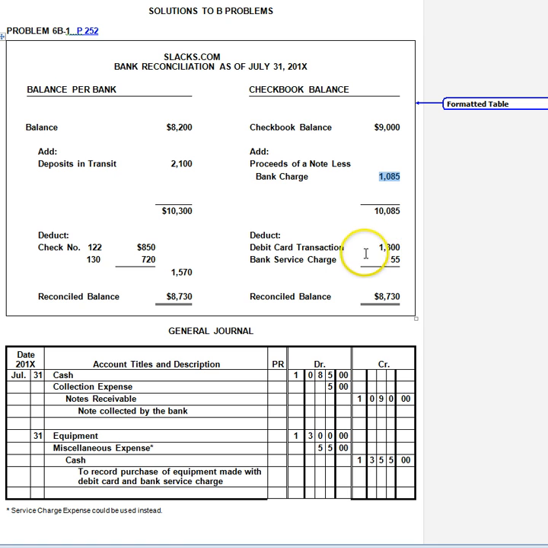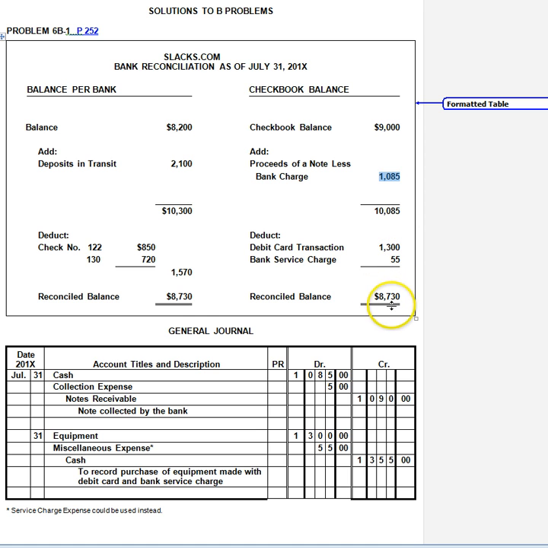So when you come down to doing your reconciliation, you got to play catch-up ball and get your books adjusted, because you in fact do have 1085 in cash, which you have to debit to the cash account, and you did pay to the bank or pay via debit card and didn't subtract it from your balance, 1300. That's got to come out of your balance, as does the bank service charge, which showed up.